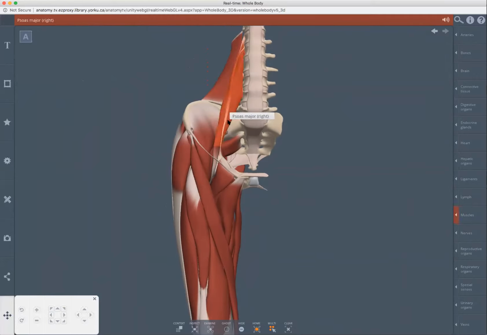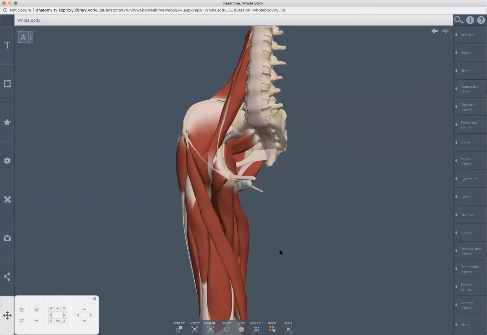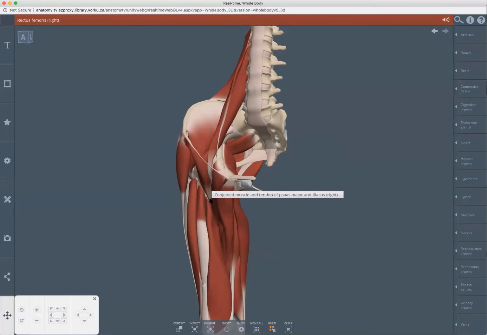Psoas major and iliacus are going to join together to make the iliopsoas, which will then insert, hang on, let's get rid of a few things here so we can see the insertion. There we go. So you can see it coming down to insert on the femur. Okay, so iliacus and psoas major.